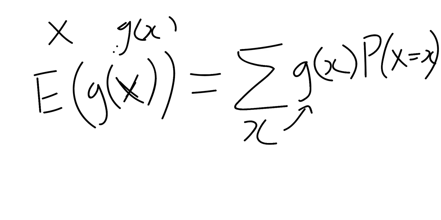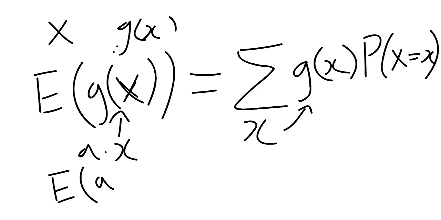right? So if we have, let's say, g of x was something like a times x, this is just the expected value of a times x, which is a times the expected value of x.